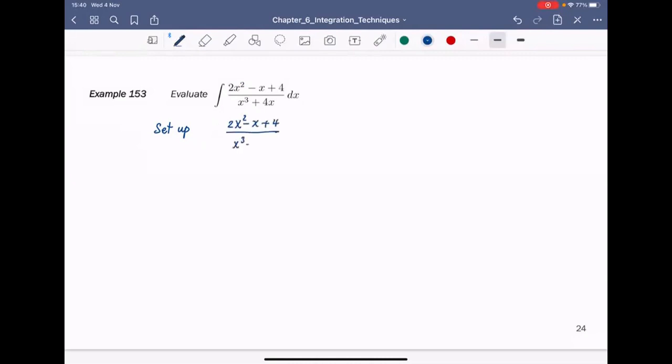All right, x cubed plus 4x. Let's factor that first. This is going to be x times (x squared plus 4). When you see x squared plus some positive constant, for sure this is going to be irreducible, because this term is always positive.